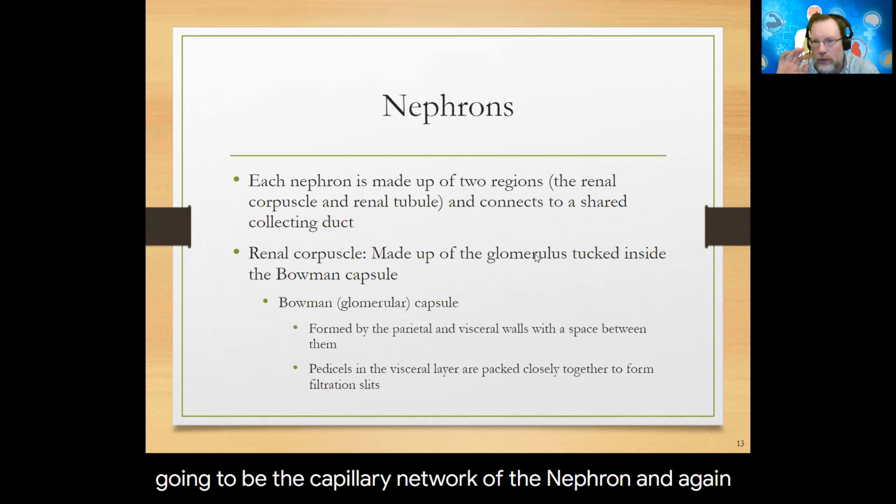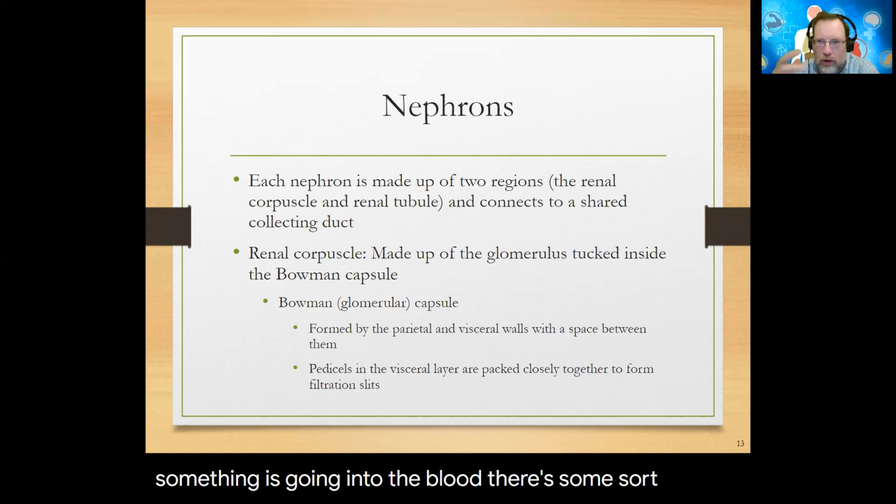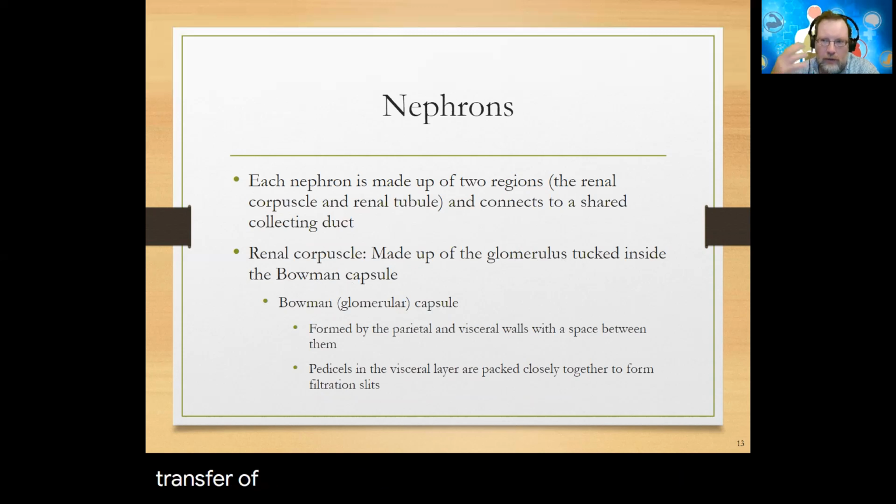And again, whenever we see capillary anything, we're thinking immediately that something is leaving the blood and something is going into the blood. There's some sort of transfer of goodies at that spot.